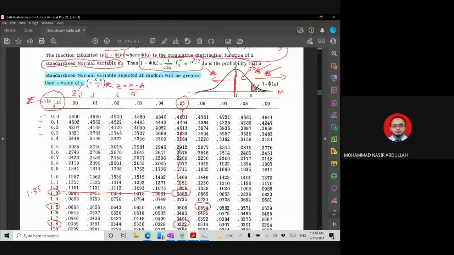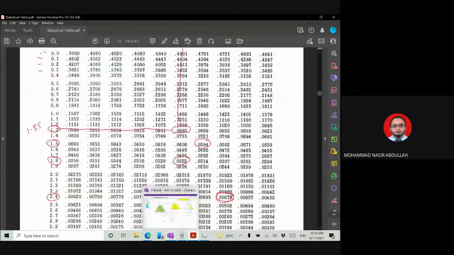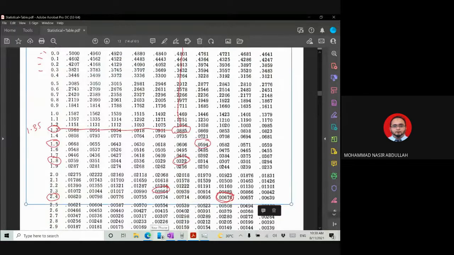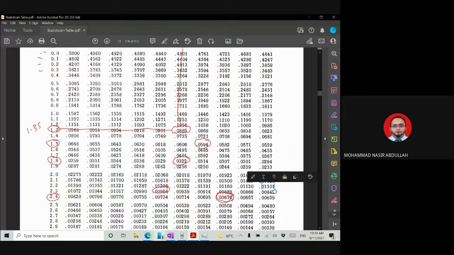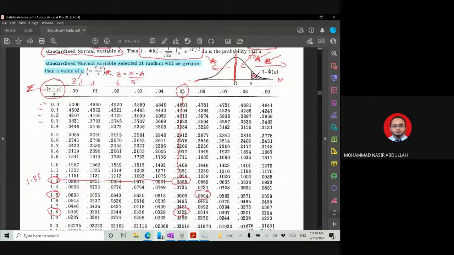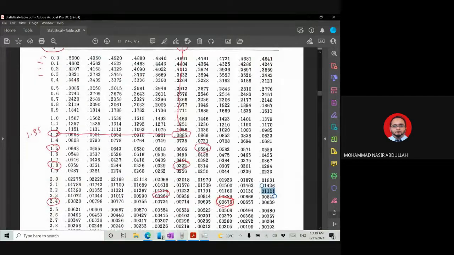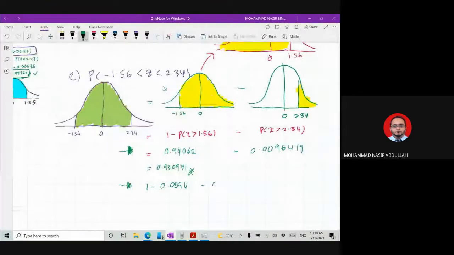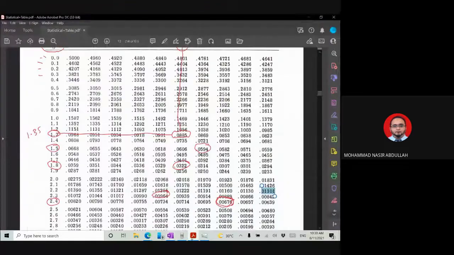And then 2.34 should be somewhere here. 0.00964, right?